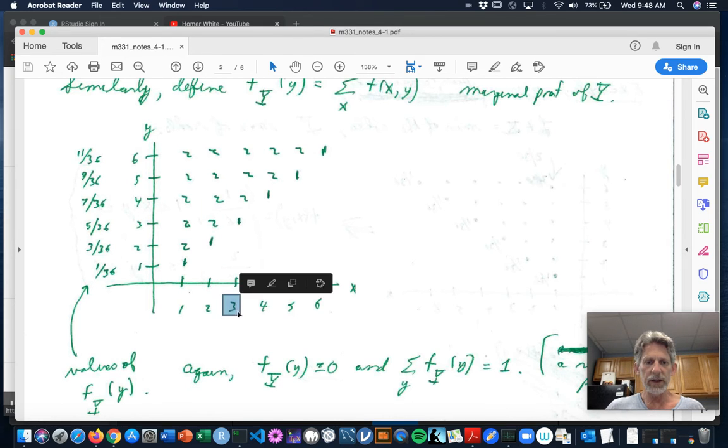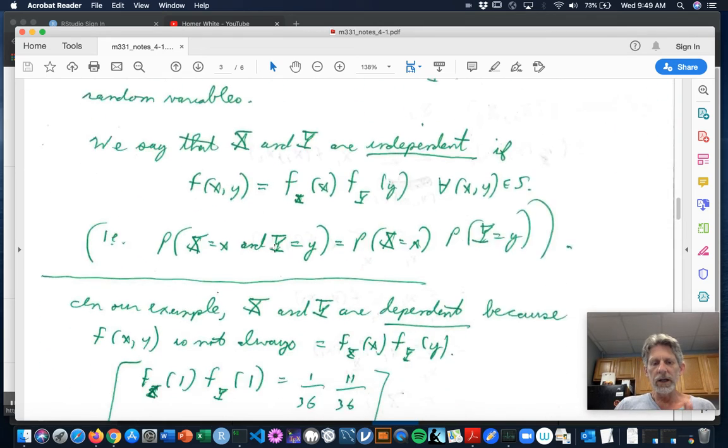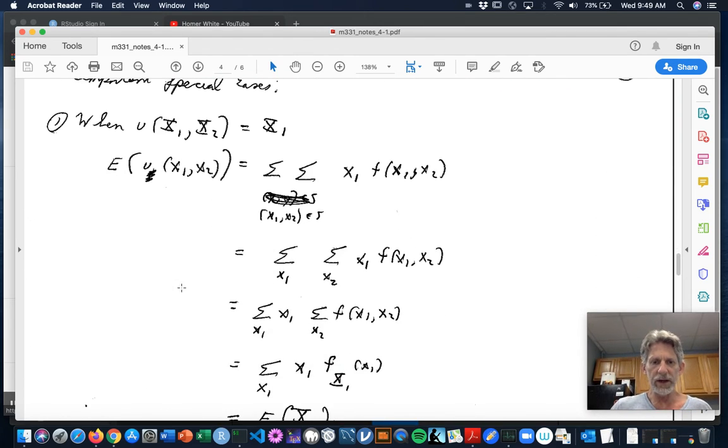And when x is 3, you're going to be summing 3 to 6. So in a specific case, you can be more specific about how this sum gets written out. It would look like the sum x goes from 1 to 6 of the sum y goes from x to 6.